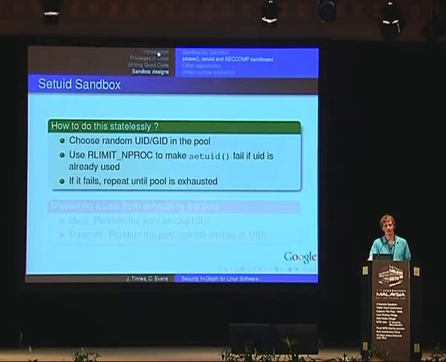So the problem with that is we needed to do that statelessly. We wanted to do that in a stateless manner. So we found a cool trick to do that.